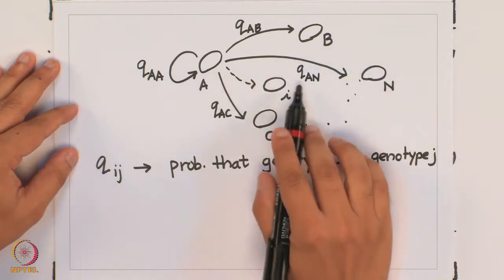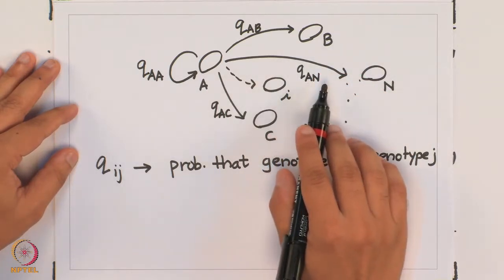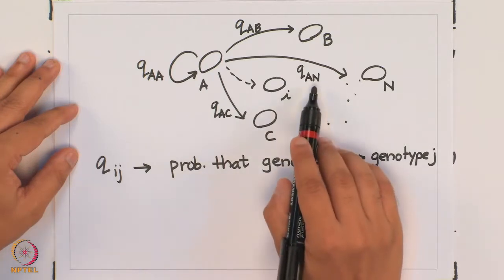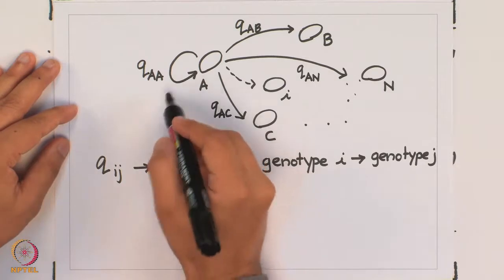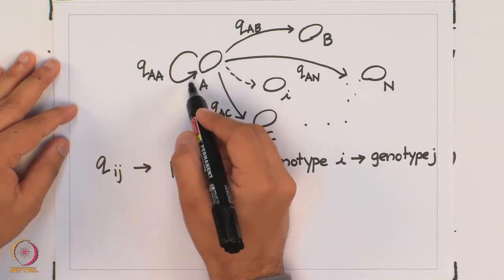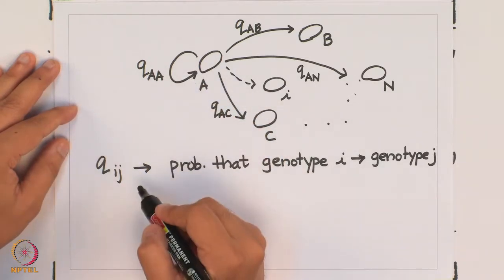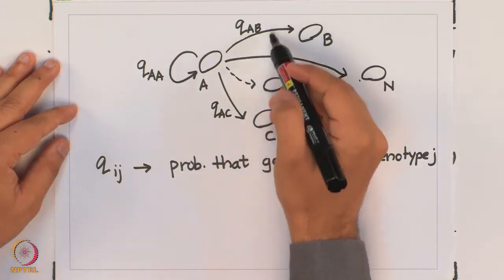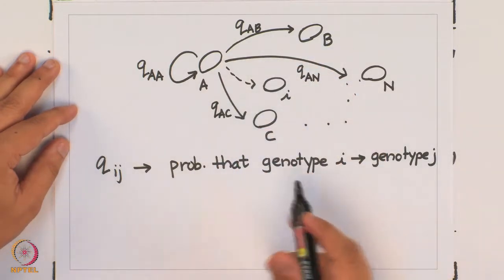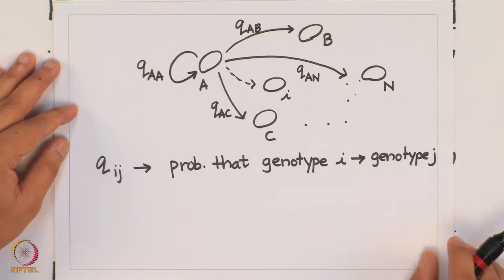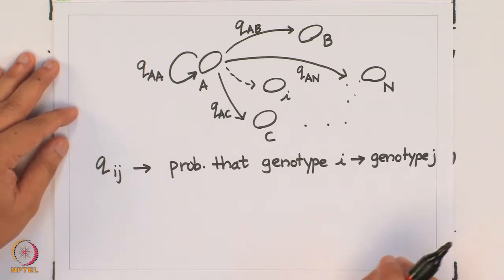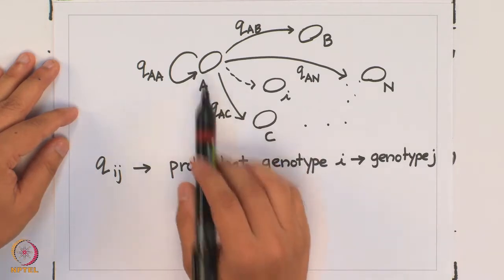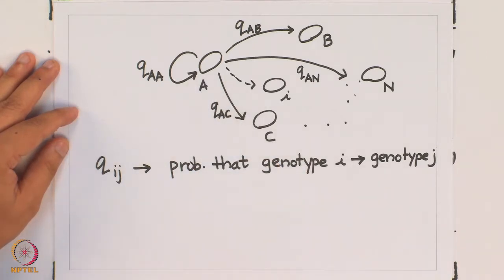That genotype A divides, and that gives me the resultant progeny of genotype N via mutation. This arrow here represents the case that no mutation has happened during the replication event, and all these arrows here represent the fact that during the process of replication, error had happened and the progeny is carrying a genotype which is distinct from the genotype of the parent.